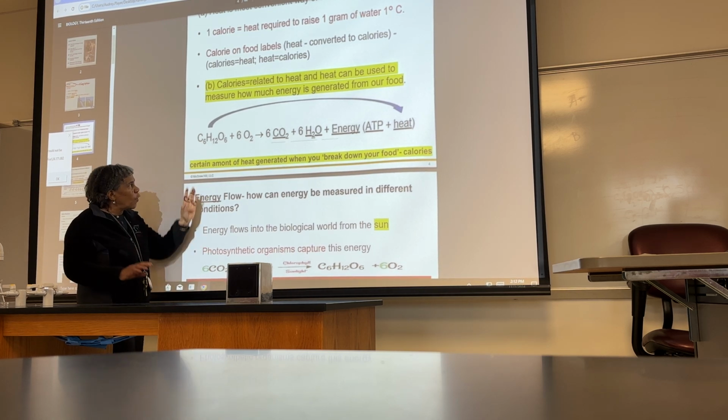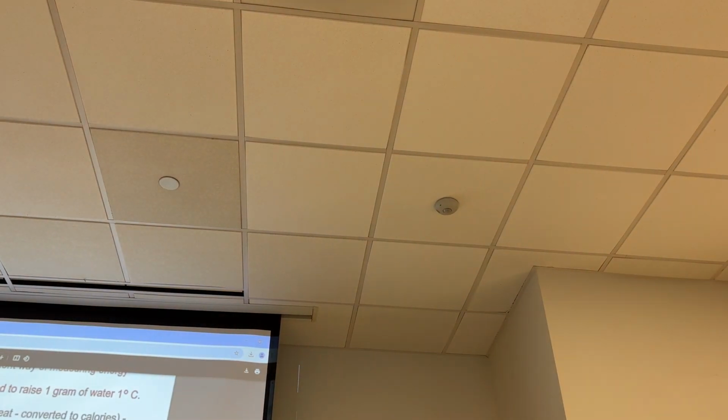You don't have to know all the 6 oxygens, 6 carbons, all of that. But I want you to understand that it's 1 carbon over here, 6 carbons over here, 6 carbons over here, 1 carbon over here. And it's the reverse of the equation. It's not the reverse of the process, because it's different here. We're not plants. But that's it.